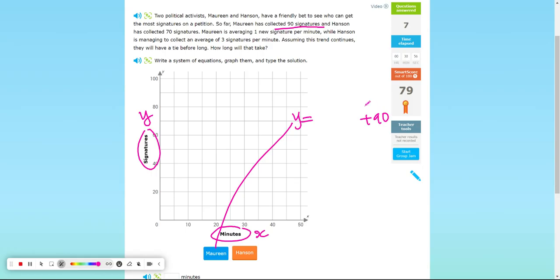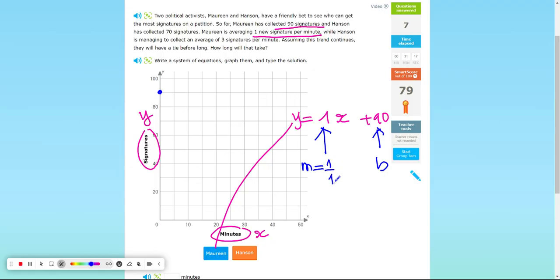And then Maureen is averaging 1 new signature per minute, so 1 right in front of X. Okay, so we can graph Maureen. So start with B equal 90. So 90 is right here. And then 1 for the slope equal 1.